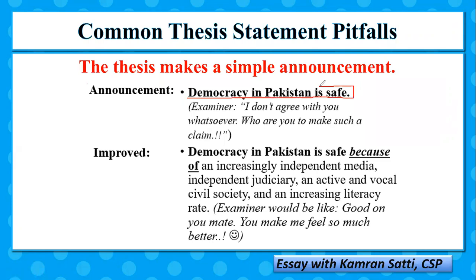The examiner might be of the view that democracy is still vulnerable in Pakistan, keeping in view the current conditions. So you have to give the examiner something, so that just after reading your introductory paragraph, you develop a positive mindset in the examiner, that this student has some knowledge. If he has made an announcement that democracy is safe in Pakistan, then the student has something to prove.